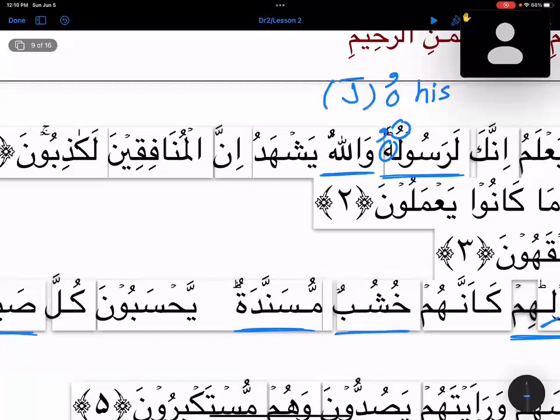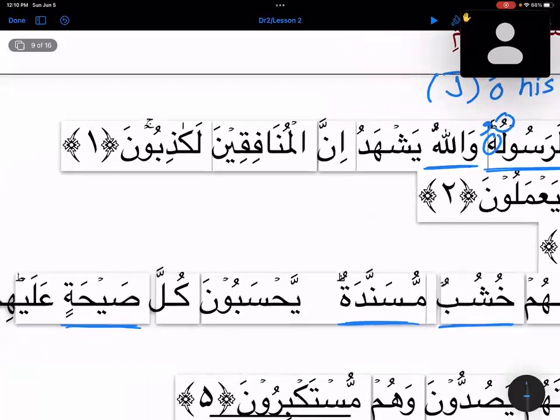Only the word hu is jar in status. The word Rasul is Rafa because we can see the Dhamma over there. I'm talking about the pronoun hu over here. Rasuluhu means his Rasul. If I ask you the status of this his, your answer should be jar because it is showing belonging.